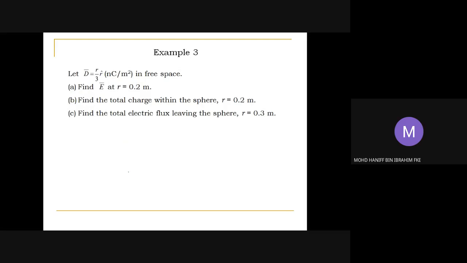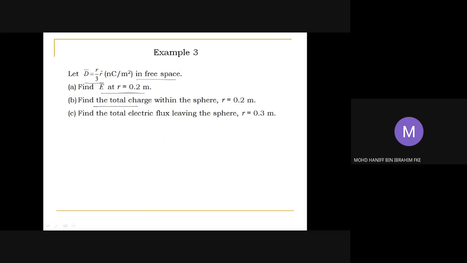We are given this problem where the flux density D vector is given as r over 3, in the direction of r, in free space. The question is: A, find the E field at r equals 0.2.